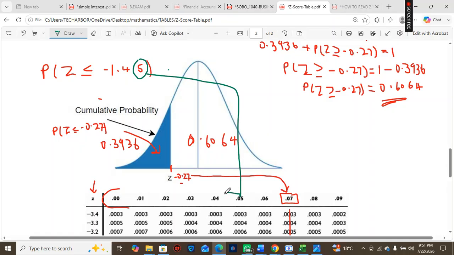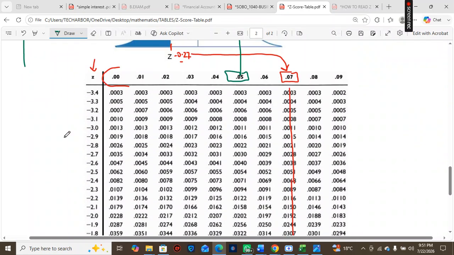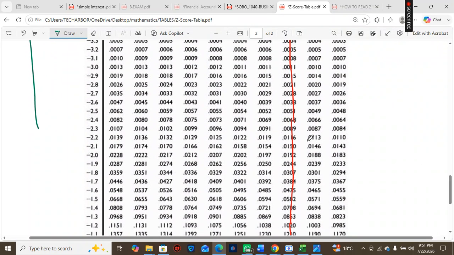Then the first two numbers, the negative 1.4, we get here.